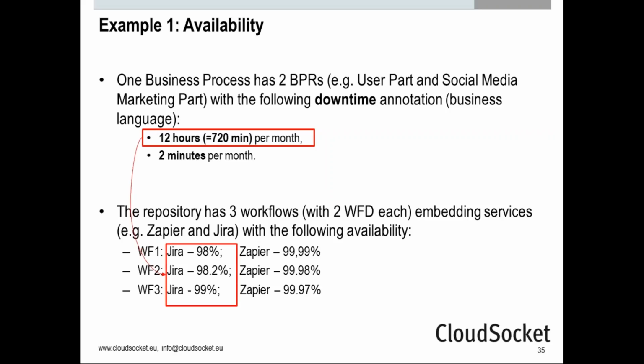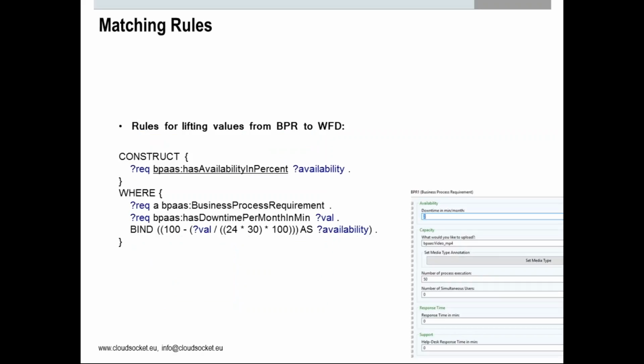So what we now do is look at the requirements in the business process and compare them with the description that we have for the workflow. Also for the second requirement, for the second group, we compare it to the corresponding services in the workflow. This is a rule that makes the matching.